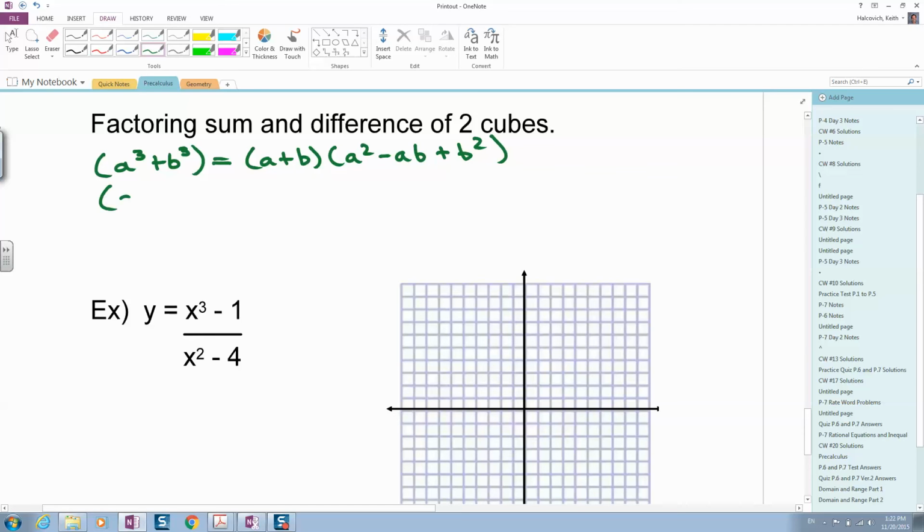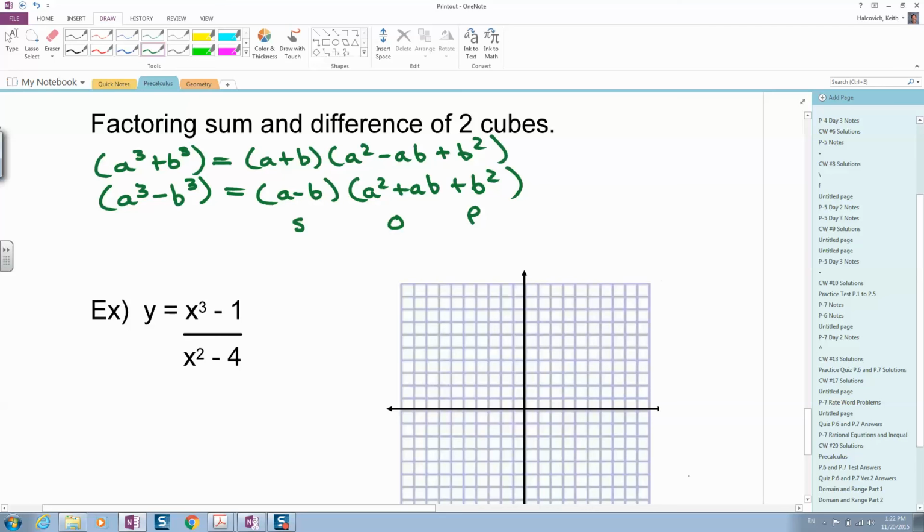When you subtract, the difference of two cubes, you get a minus b, and then a squared plus ab plus b squared. So the form is always the same, whether you're doing the sum or difference of two cubes. The first sign is always the same sign as what you started with. Then it's always the opposite sign, and then positive.